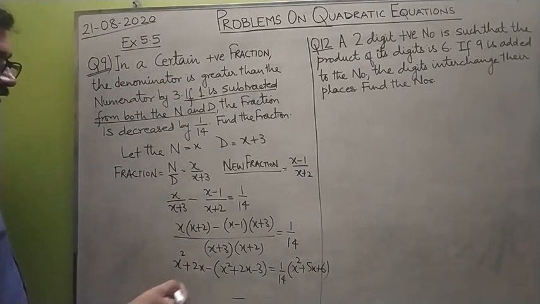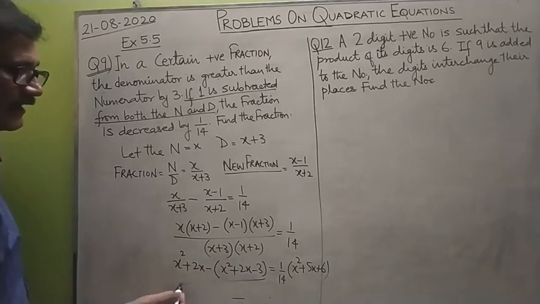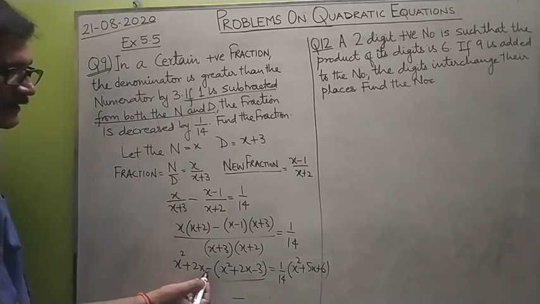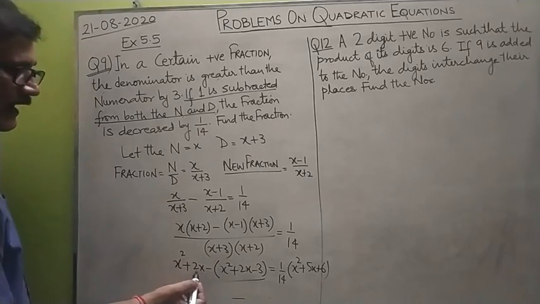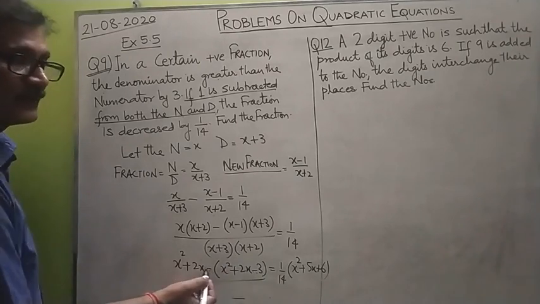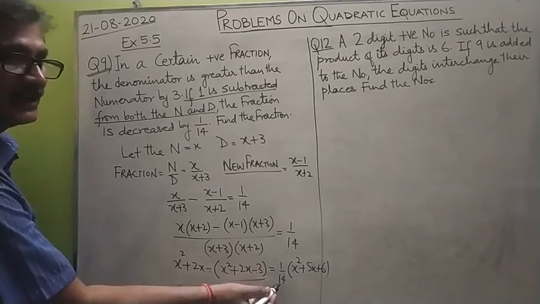When we simplify the left hand side, plus x square and minus x square will cancel, plus 2x and minus 2x will cancel, and minus 3 and minus 3 will become plus 3. So you are left with 3 here, multiplied with 14, which will be shifted here.